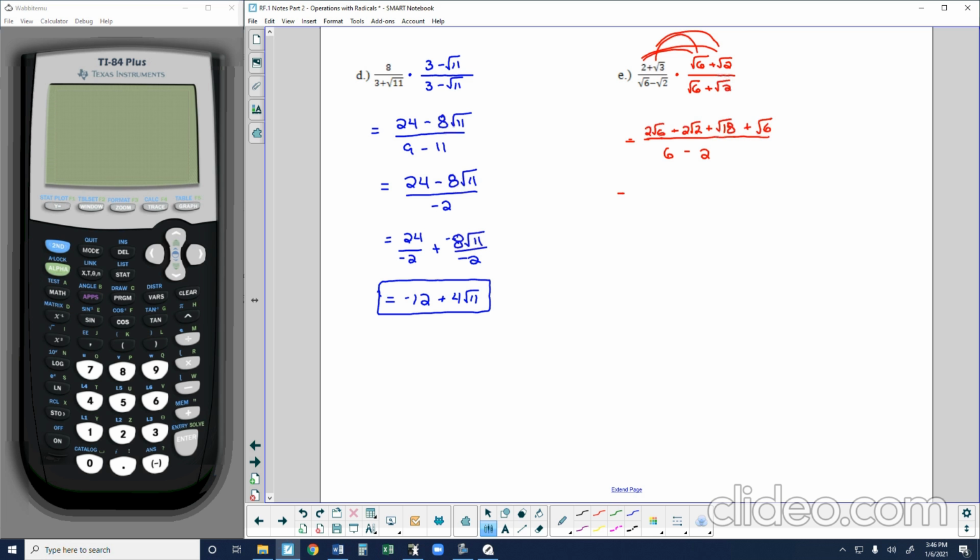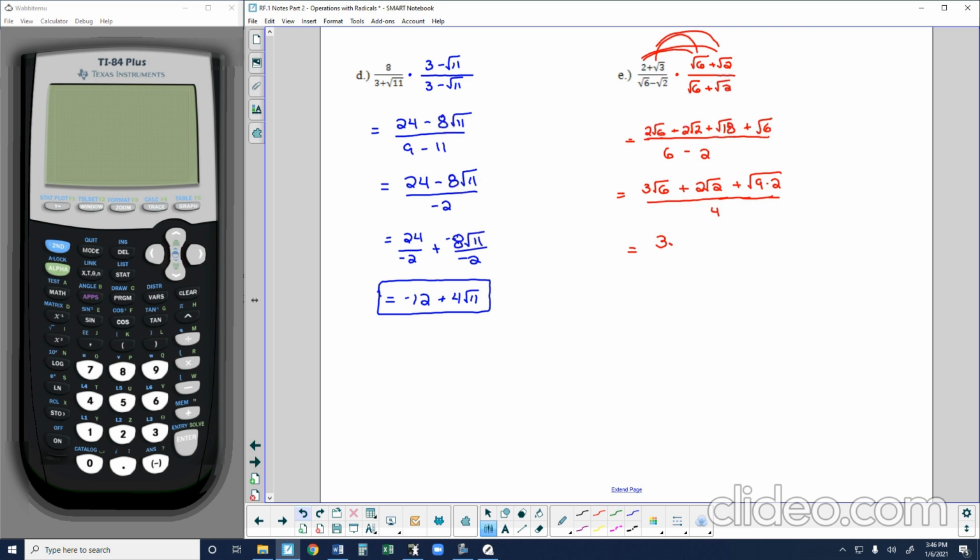Now I want to simplify. In the numerator, I may notice I have a 2 root 6 here and a root 6 there. They're being added together. That would give me 3 roots of 6. That 2 root 2 does not have a common term. Neither does the root 18, but the root 18 can be broken down into 9 times 2. In the denominator, I have 6 minus 2, which is 4.